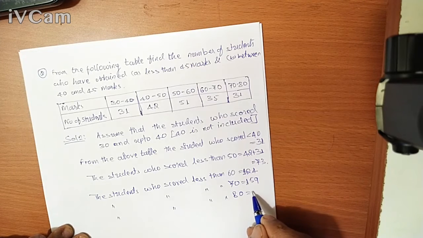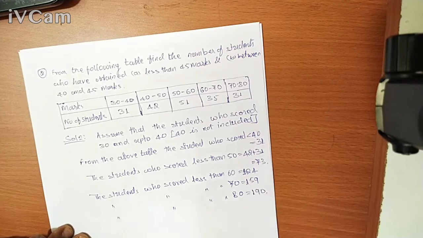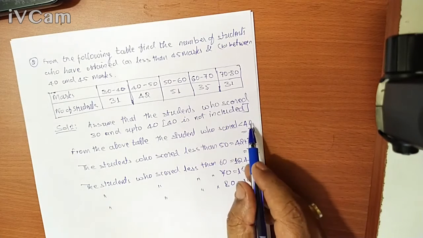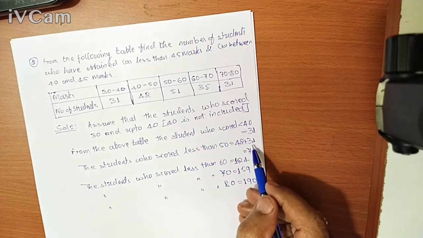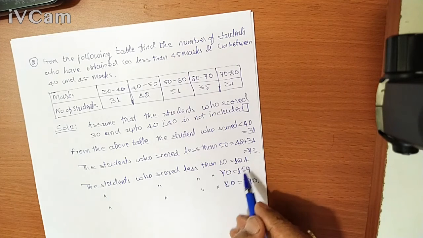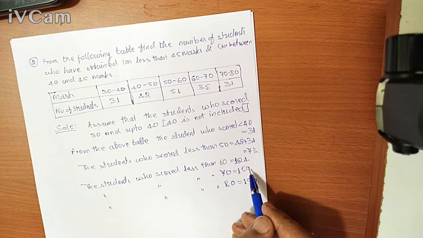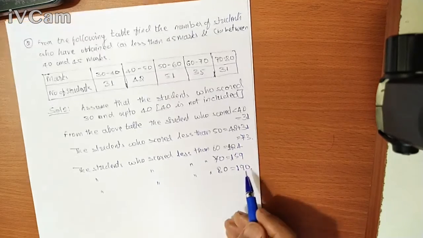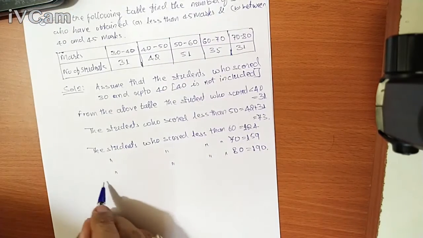So it will be 190, right? So this gives me the number of students who scored less than 40 is 31, less than 50, 73, less than 60, 124, less than 70, 159, less than 80, 190. Therefore, I will have a new table.